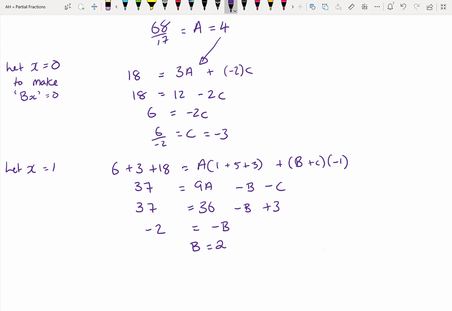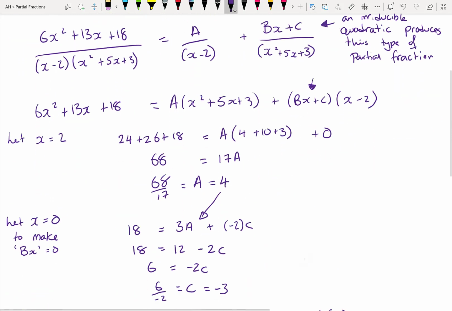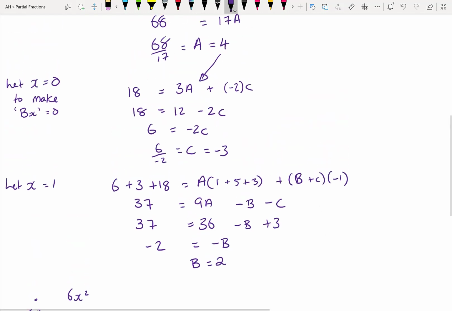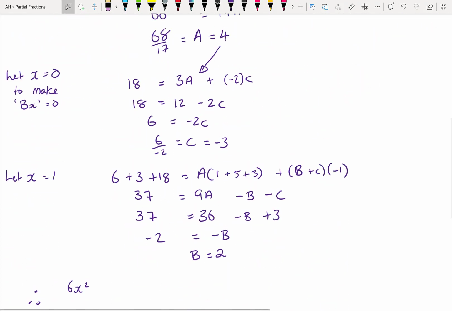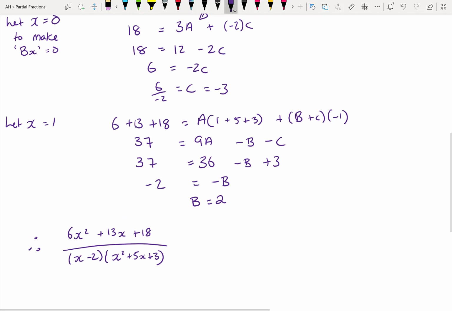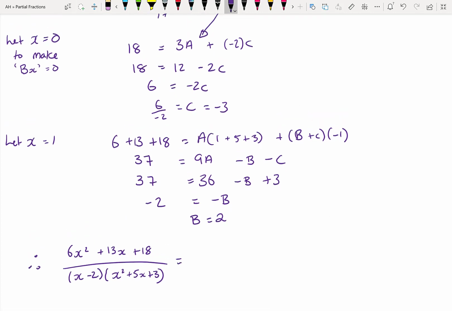And so concluding with what we've got, we had 6x squared plus 13x plus 18 all over x minus 2 lots of x squared plus 5x plus 3 is equal to, what was my a?